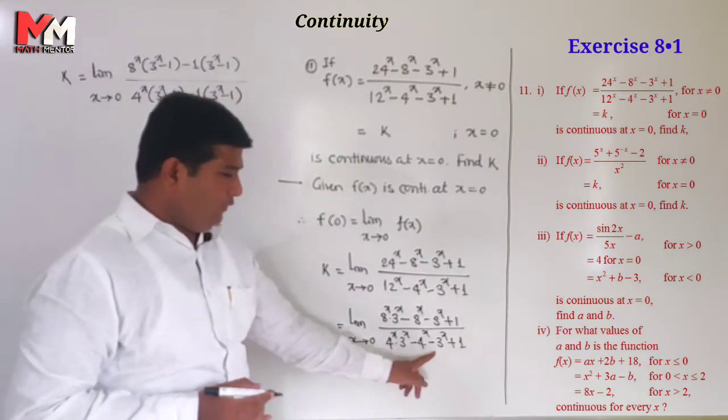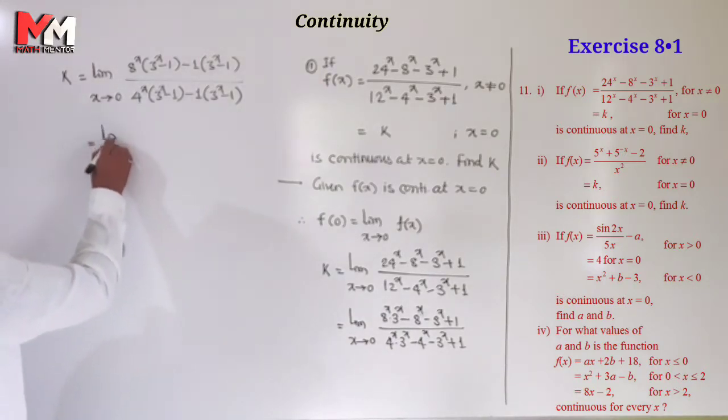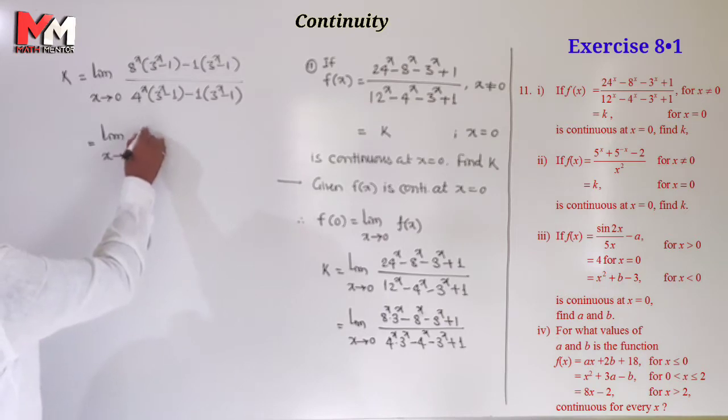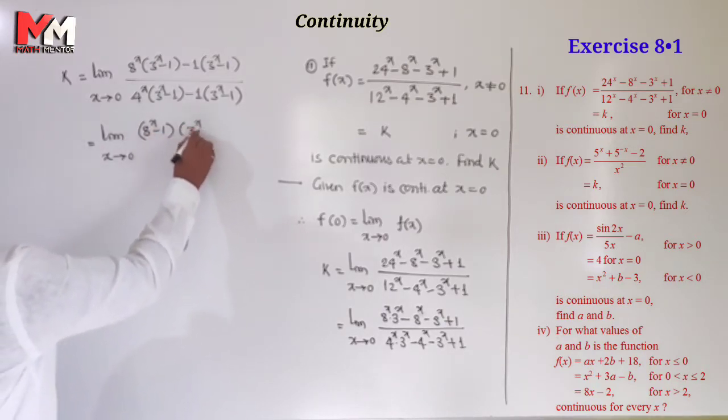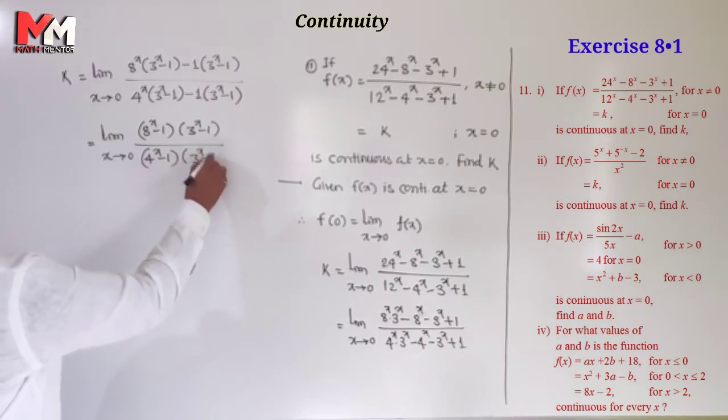From here take minus 1 common. So this gives limit x tends to 0: first factor 8 raised to x minus 1, second factor 3 raised to x minus 1, and in the denominator 4 raised to x minus 1 and 3 raised to x minus 1.